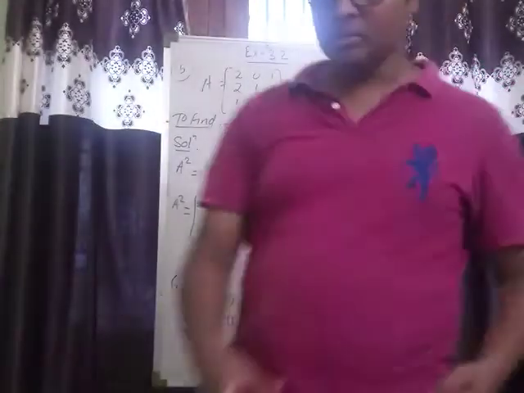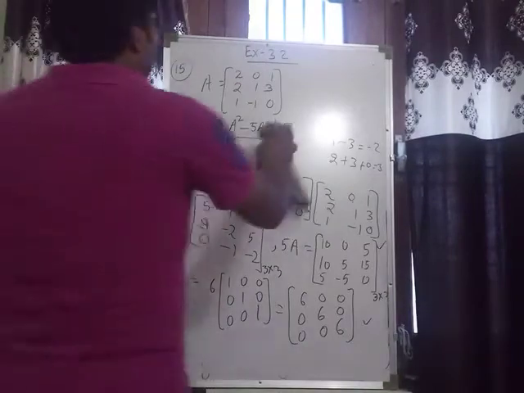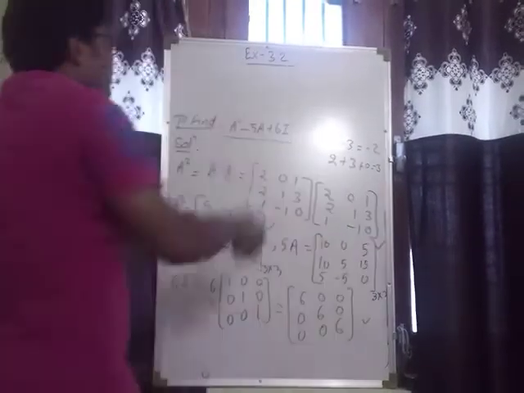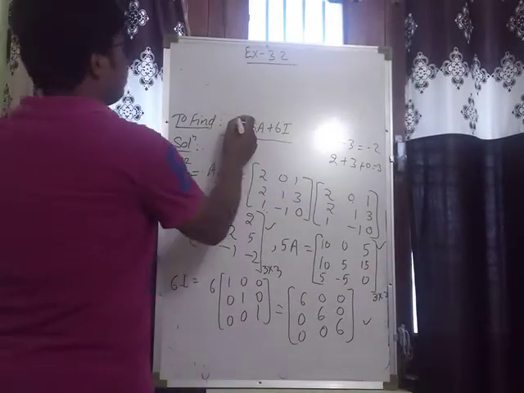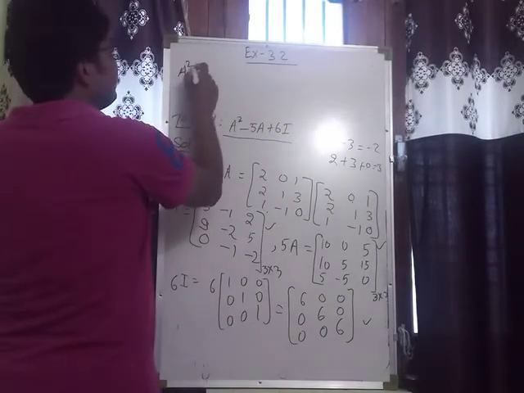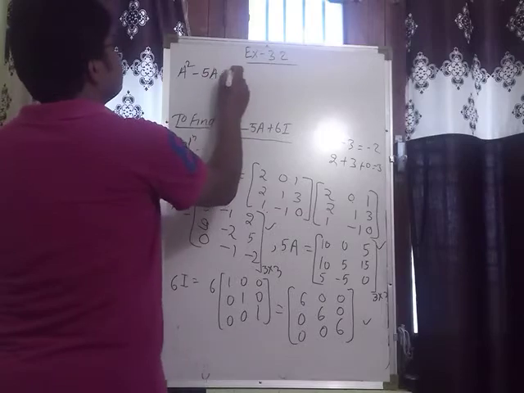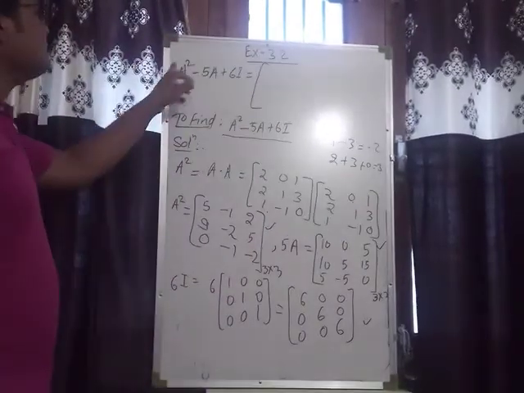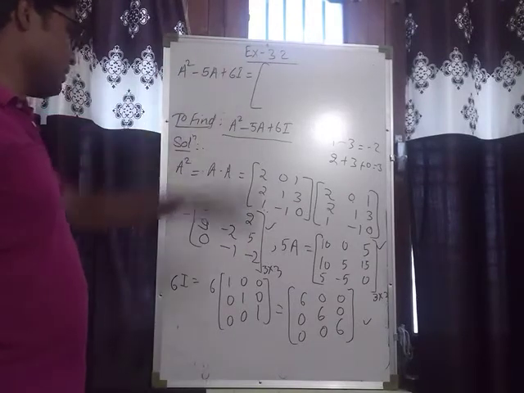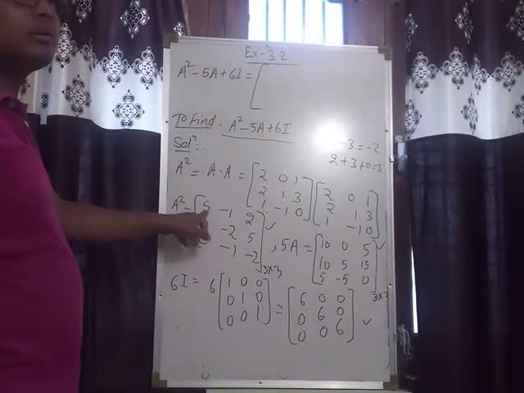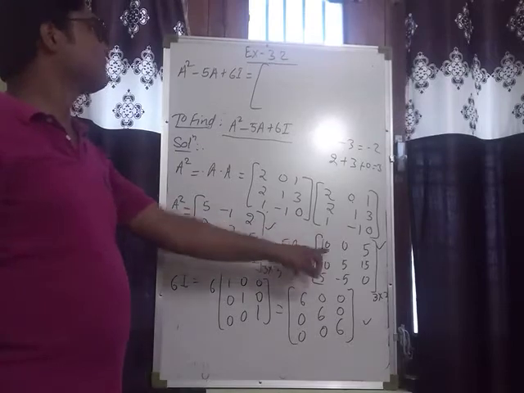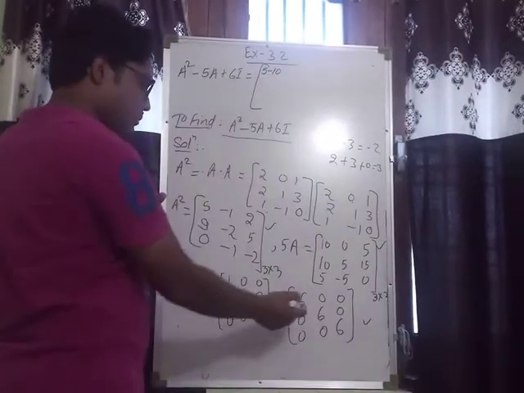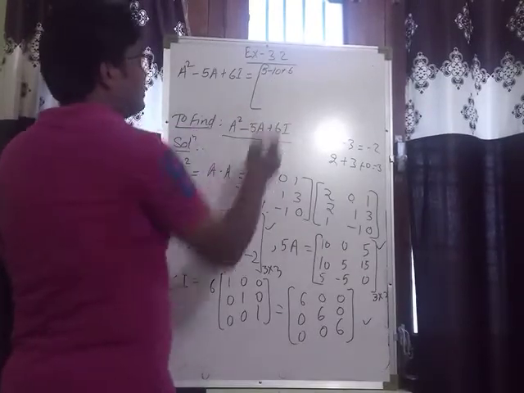Now I am going to find out this one, that is a square minus 5a plus 6i, that is equal to, so you see, from this we have to subtract this one, and add this one. So in this, 5 minus 10, that is 5 minus 10 and plus 6. This one.